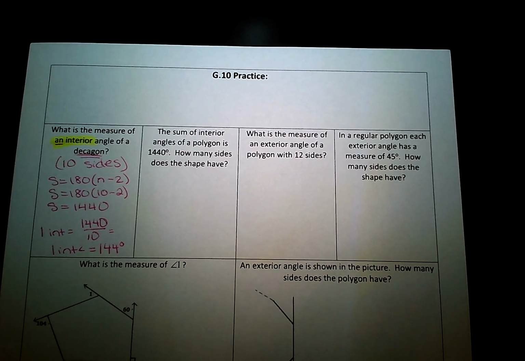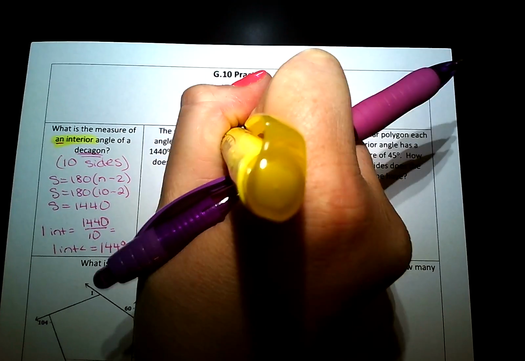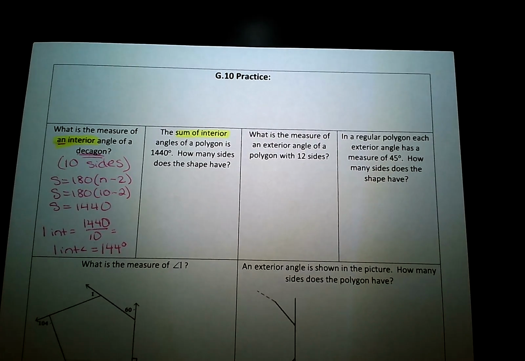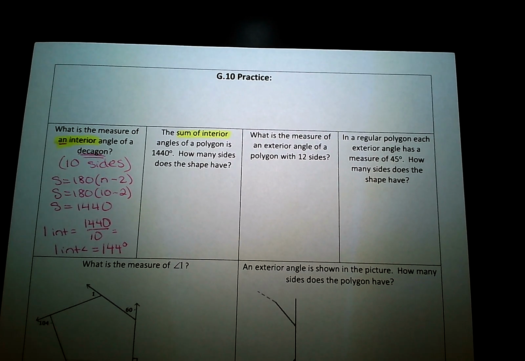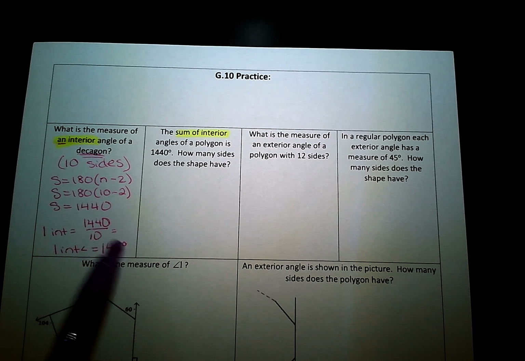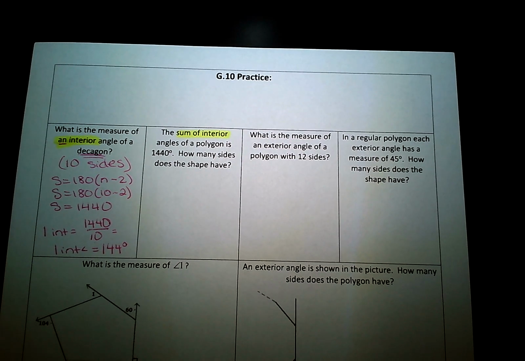Our next example says the sum of interior angles. The sum of interior angles. Okay, so sum, that's all of them, is 1,440 degrees. How many sides does the shape have? Well, we're really working this problem backwards. We already found that sum. So the sum of interior angles is 1,440 degrees.